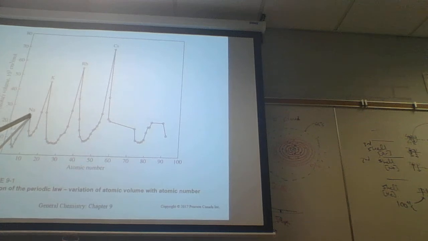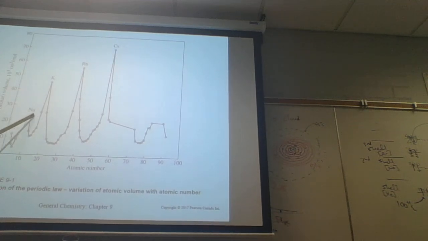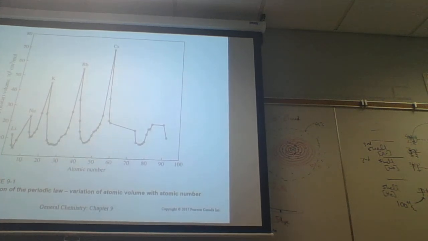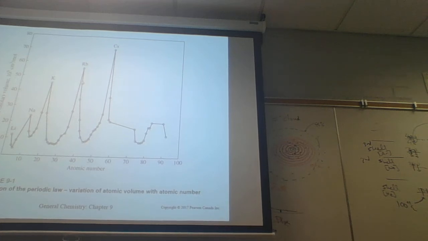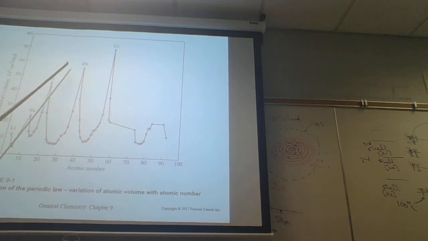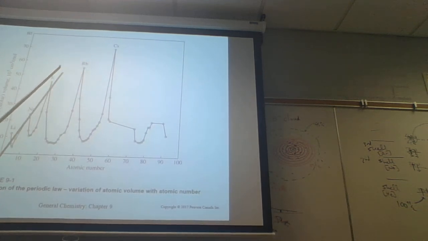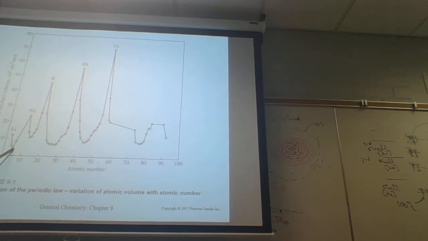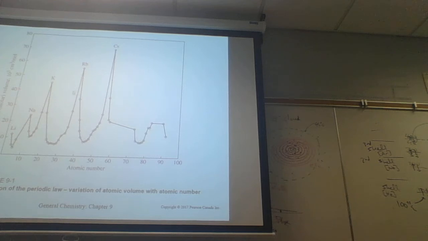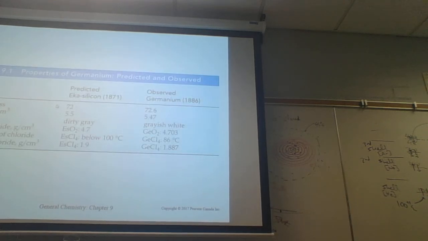Then as we go down the column, the volume increases as well, because going down a column would be lithium, and then sodium, potassium, rubidium, cesium. You can see the volume increases as we go down, and the volume increases as we go across the periodic table. Although there are some little gaps and flat parts to this. We'll look at it later.